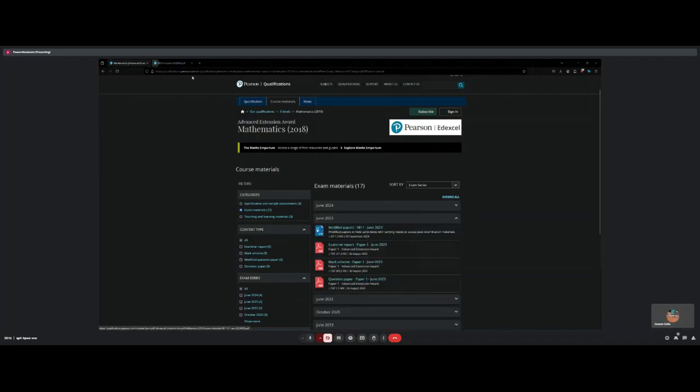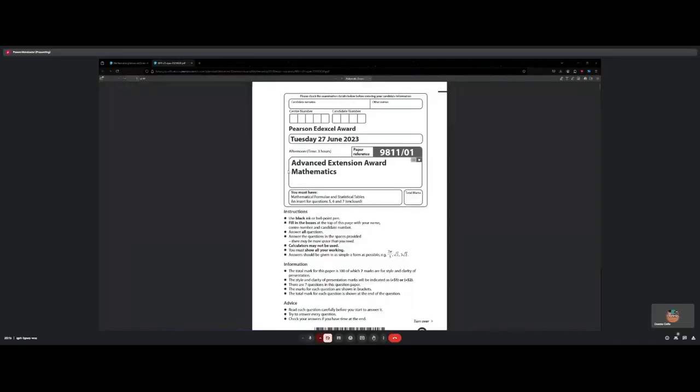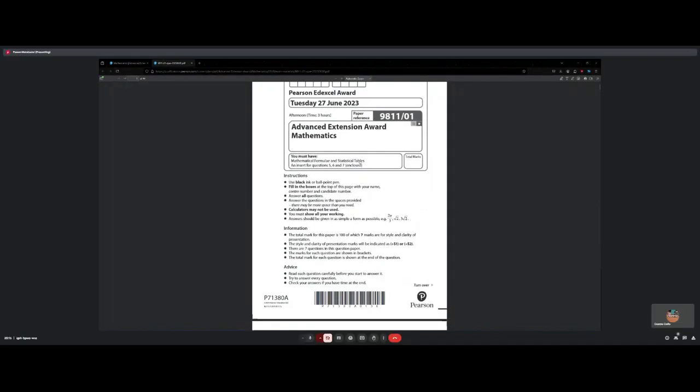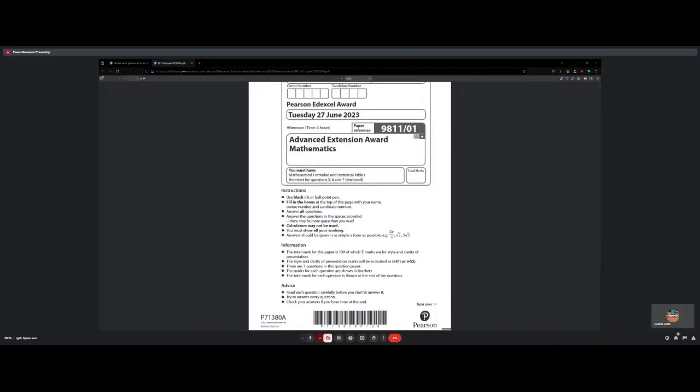They are very challenging. And the funny thing about this paper is 100 marks, it's 3 hours long, and 7 of the marks are awarded for style and clarity of presentation. I found that kind of funny, for someone's work to be awarded based on that. So I found that interesting. Majority of students don't do this, but the questions on this stuff are very, very good.